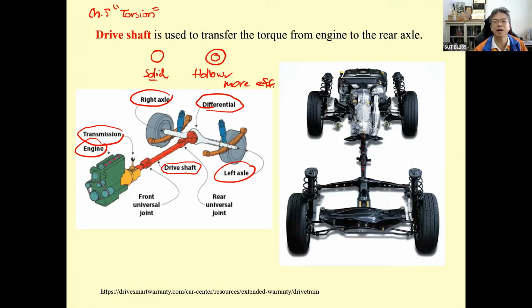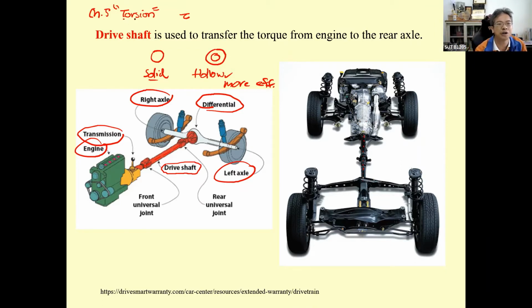And from the previous lecture, we have the stress by putting the torsion into this shaft. You can see the shaft will twist, okay, like this. You may use your finger and twist it, you can feel it.